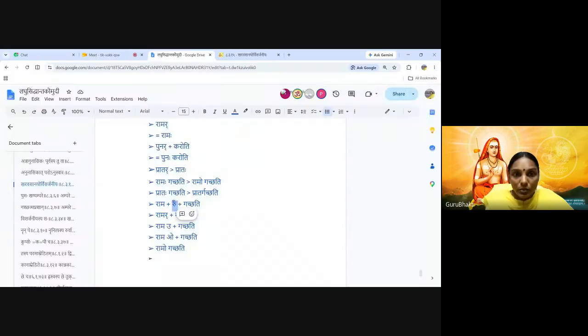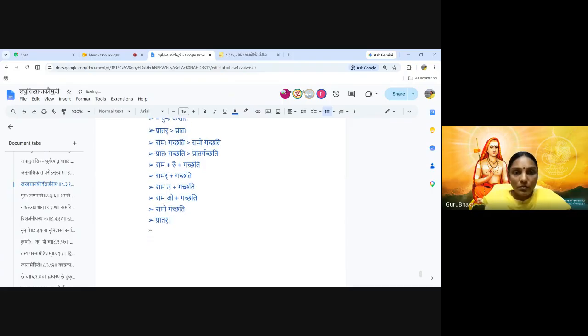When it comes to the Pratar Gachati, here Pratar is the Shabda. This Pratar itself is the Shabda. This Refa has not come through the Rukara. Ru. It is not Anunasika Rukara.